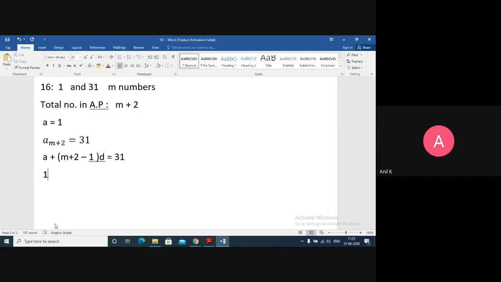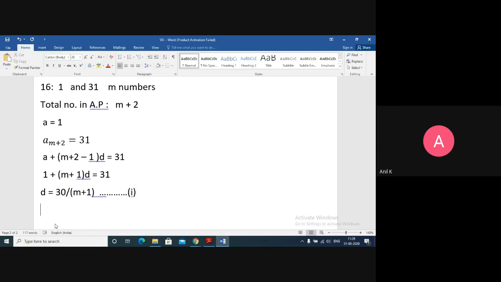If I substitute a as 1 plus, here I'll get m plus 2 minus 1, which is m plus 1, into d equals 31. Simplify and get the value of d. d will give you 30 upon m plus 1. This I'll take as equation number 1.